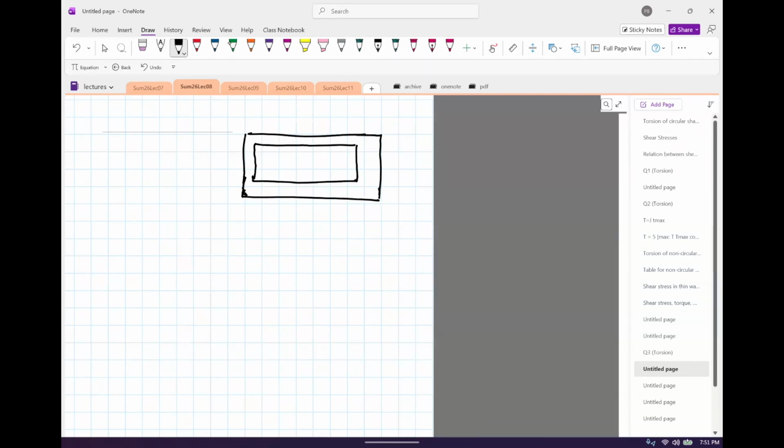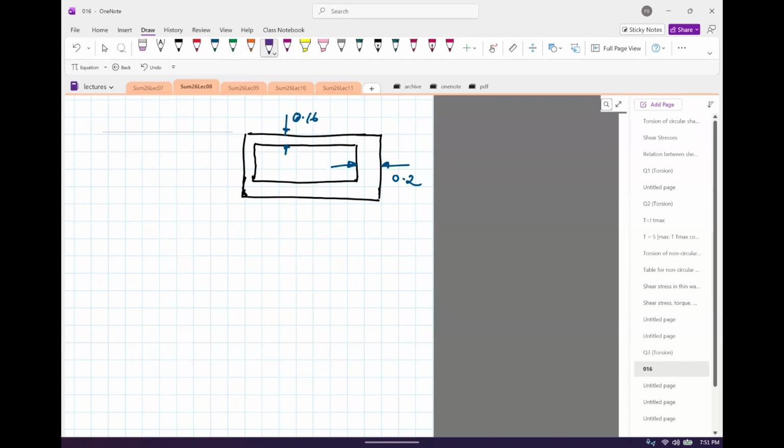This thickness is 0.16, and this thickness is clearly much bigger than twice of this, but I'm just going to put 0.2, so it's obvious that this is a different thickness.